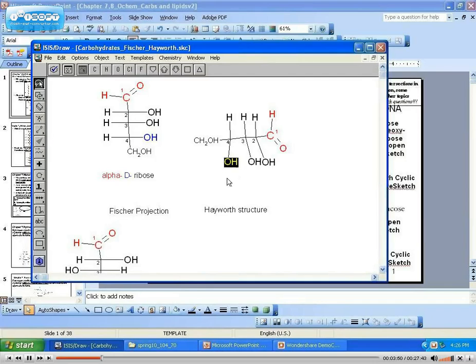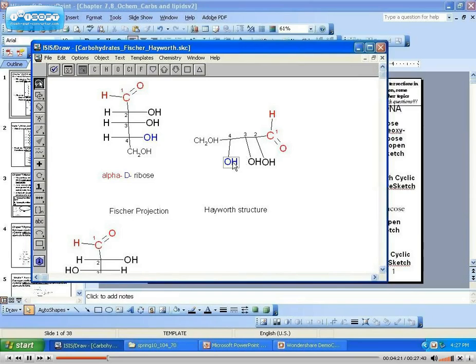This alcohol group right here is going to be the one participating in the cyclic hemiacetal reaction. In the Haworth structure, it's partly line angle, so we don't have to worry about showing the hydrogens like we have to do in the Fischer projection. So in this case, I'm just going to get rid of these hydrogens because they're in the way. They're still there, they're just implied.